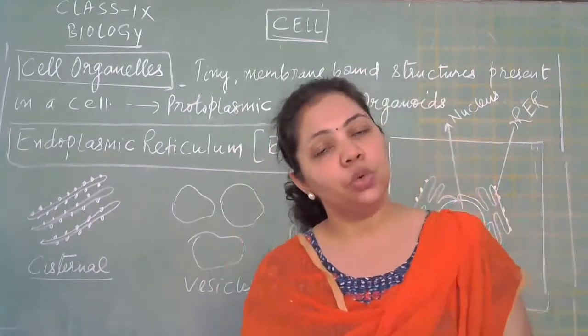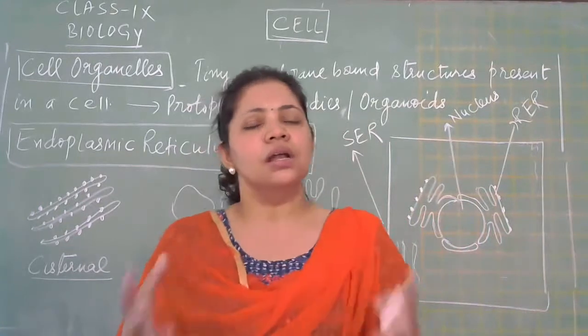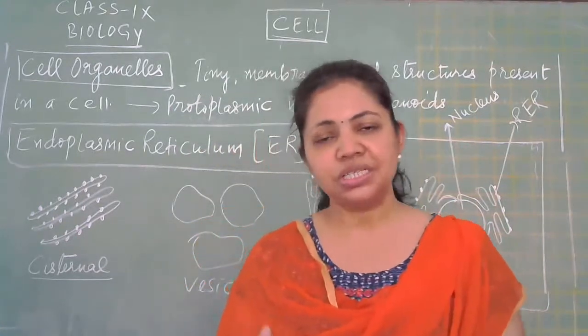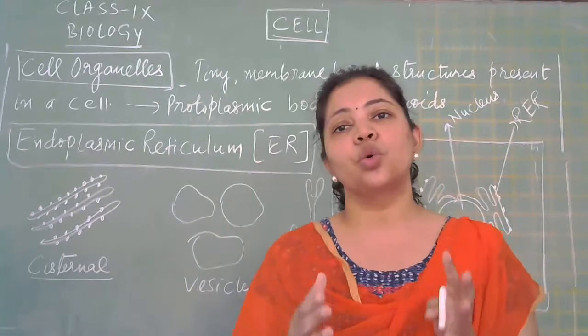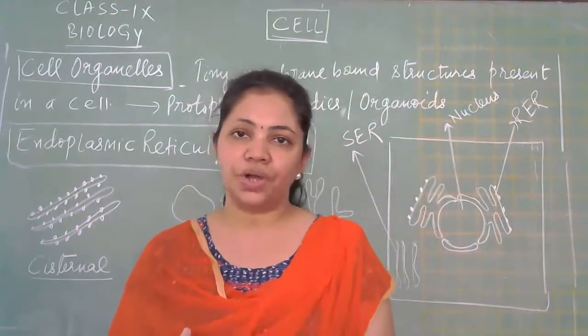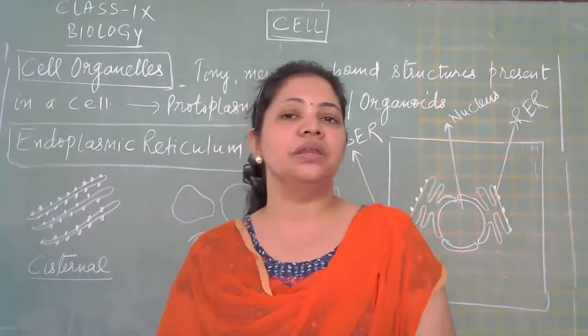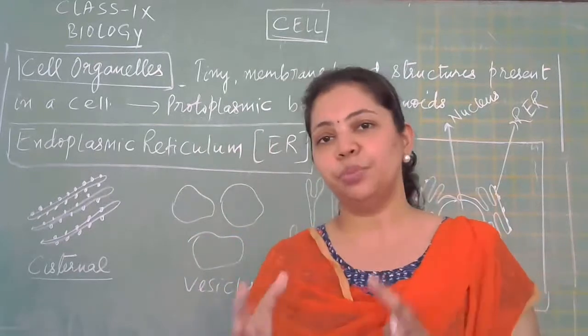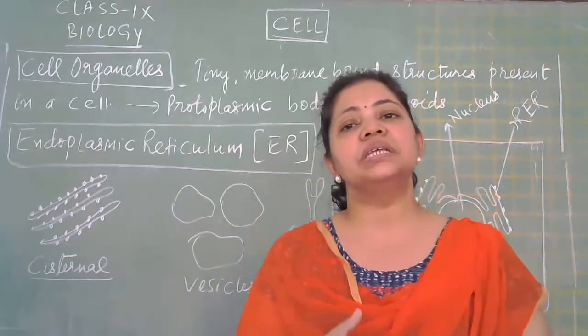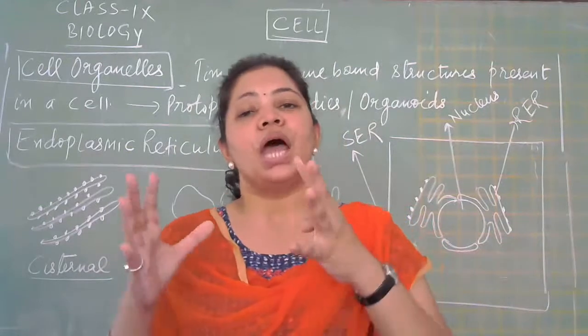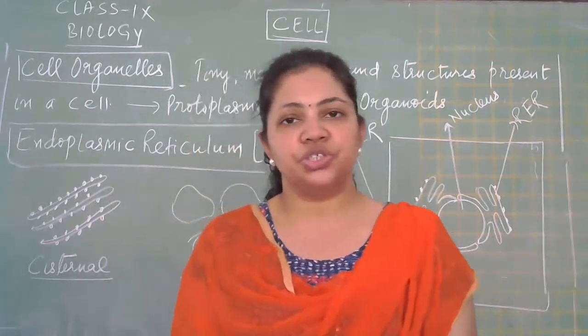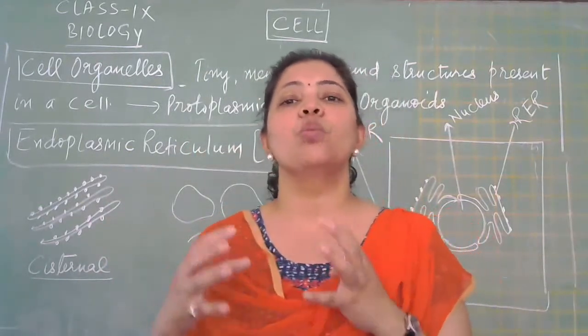Inside the nucleoplasm, you see an entangled mass of thread-like structures, known as the chromatin material, right? The same chromatin material, which is made up of DNA and proteins, condenses and forms rod-like structures known as chromosomes.